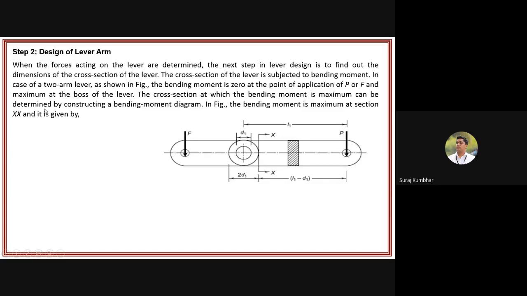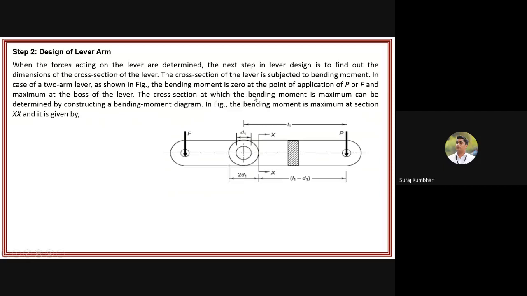Zero. And it is maximum at the boss of the lever. The part surrounding the fulcrum pin is nothing but the boss, so the bending moment will be maximum there.